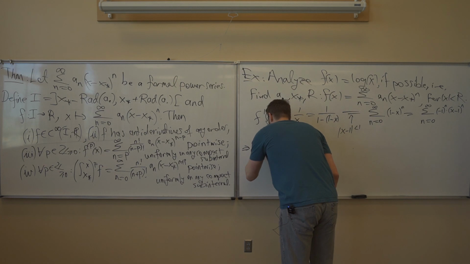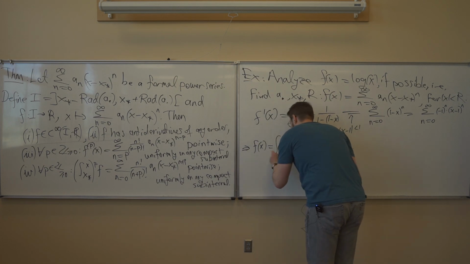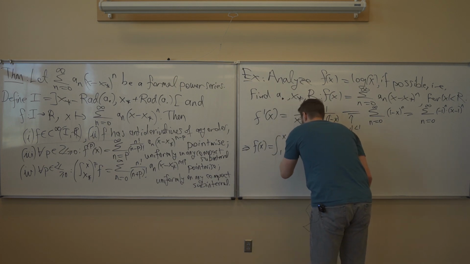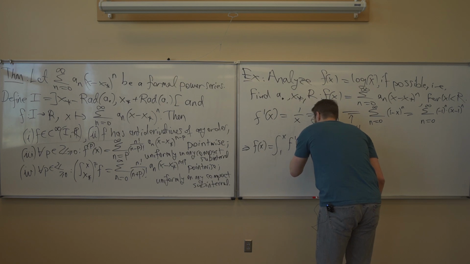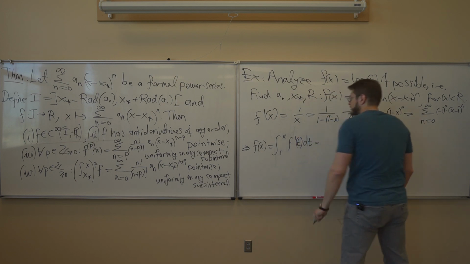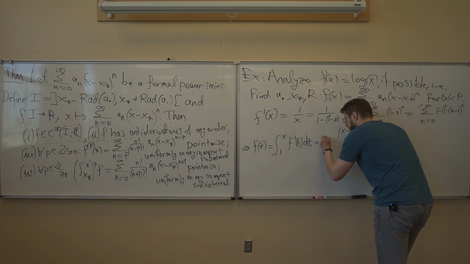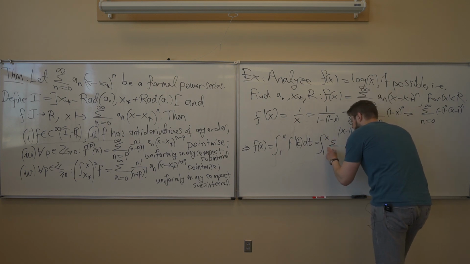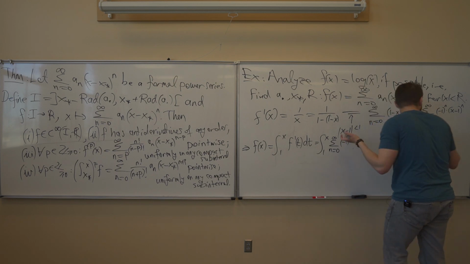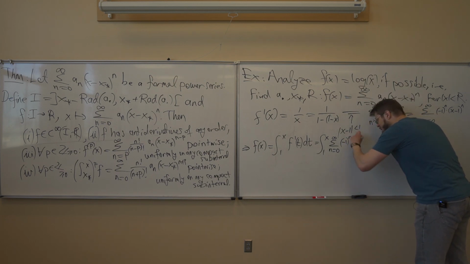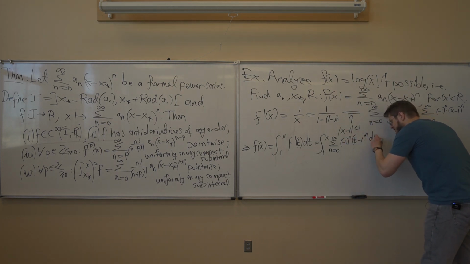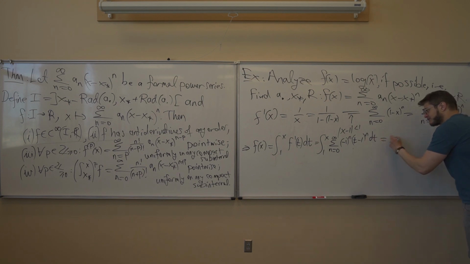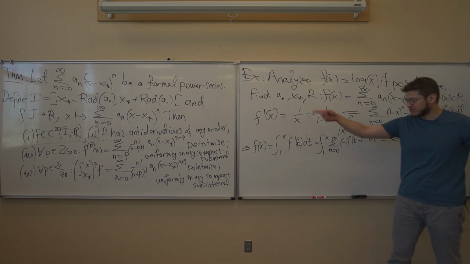So let me be explicit here. So now the integral from 1 to x of this series, the sum to infinity of minus 1. This is as close as you can get to actual magic working. Then you flip it. By the theorem, you get to do this.